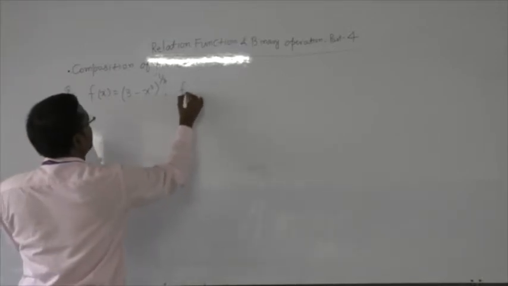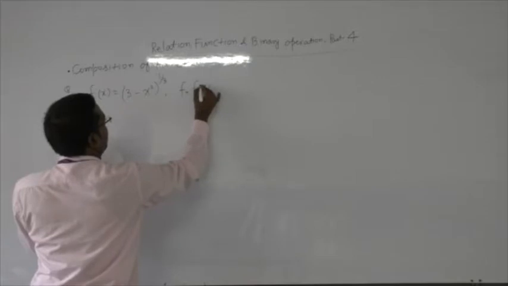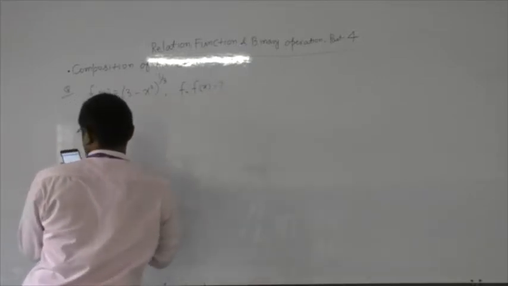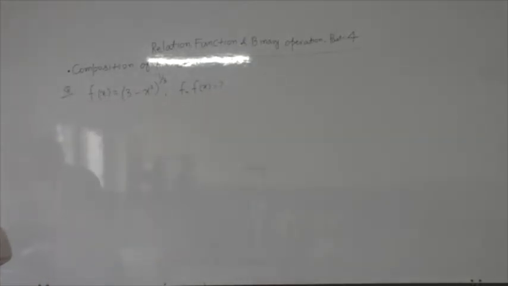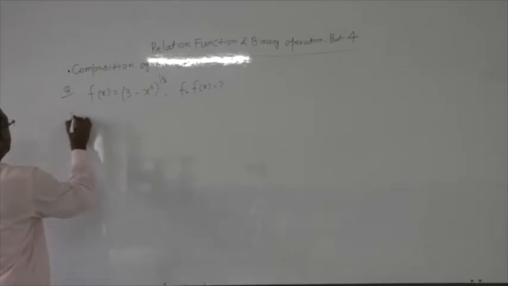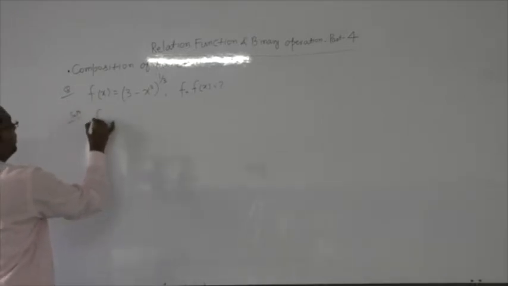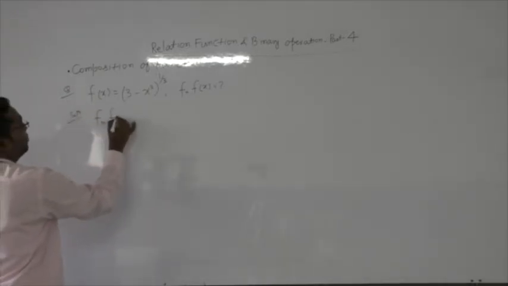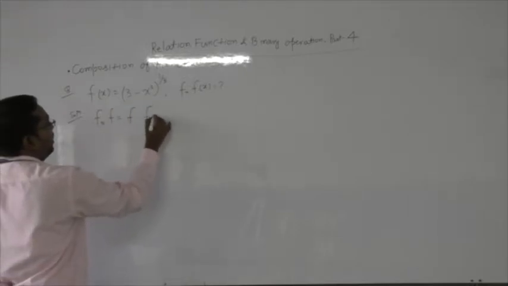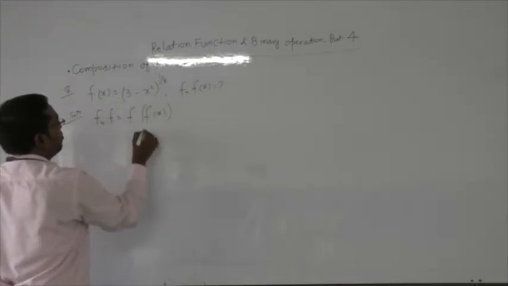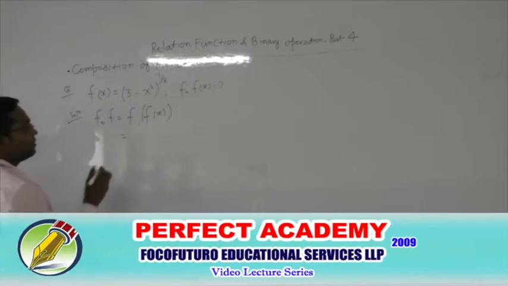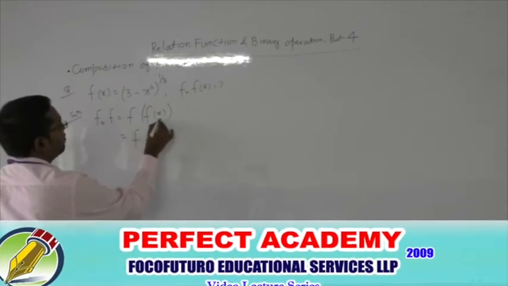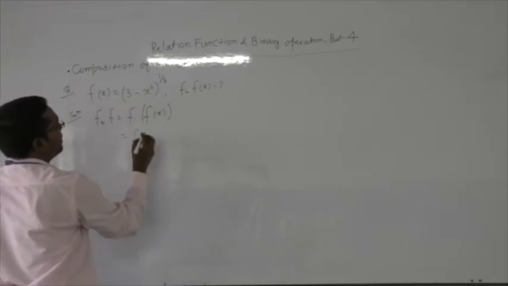We have to find f of f, means f of f(x). Let's see. Here f of f means f of f(x). So this is a composition of function in itself. So f of f(x), replace here x by f(x).